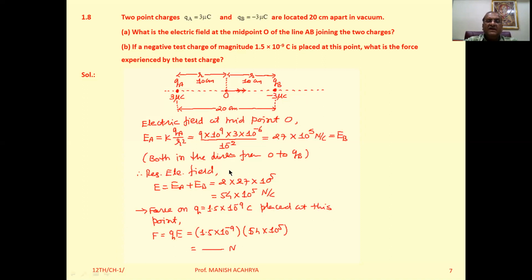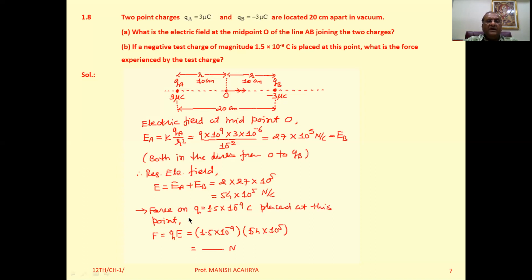So resultant electric field at O, that is E equal to EA plus EB, but EA and EB both are same. So we can write 2 times 27 into 10 raised to 5, and we will get the resultant electric field 54 into 10 raised to 5 Newton per coulomb. Clear?